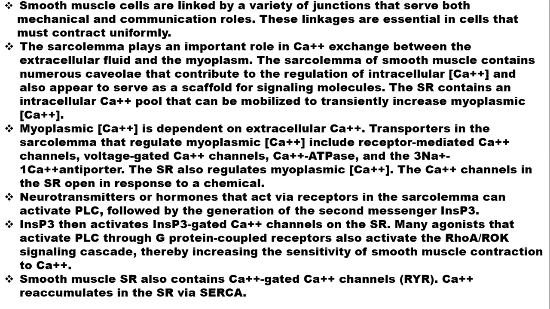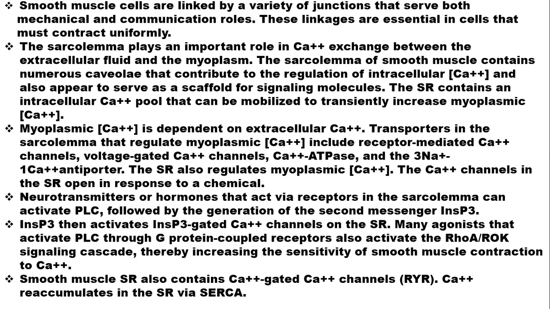Neurotransmitters or hormones can act via receptors in the sarcolemma and activate PLC, followed by generation of the second messenger IP3. IP3 then activates IP3-gated calcium channels on the sarcoplasmic reticulum.